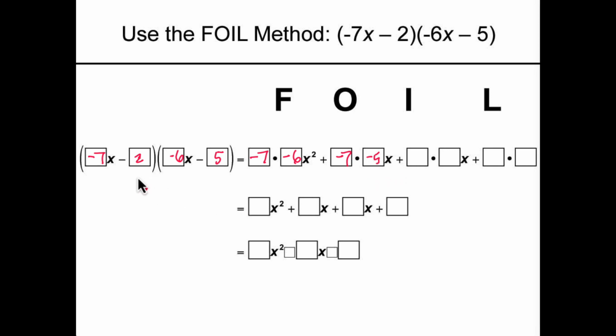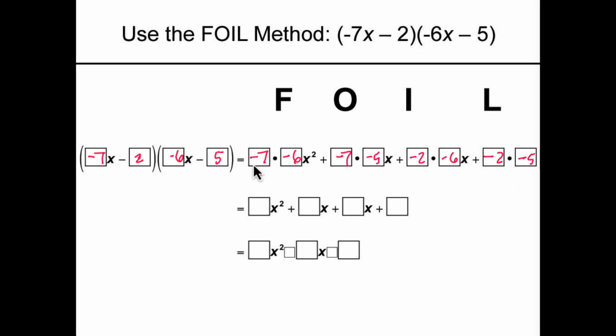And then the inside terms, negative 2 and negative 6x. So we write negative 2 times negative 6x. And then the last terms, the minus 2 here and the minus 5 here become negative 2 times negative 5.